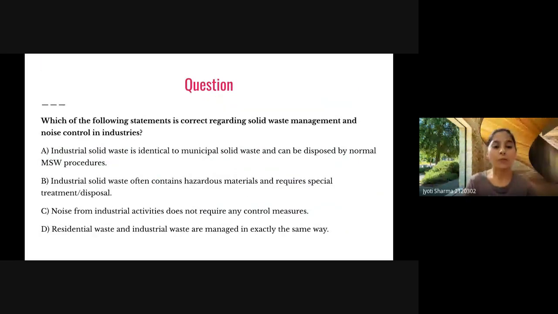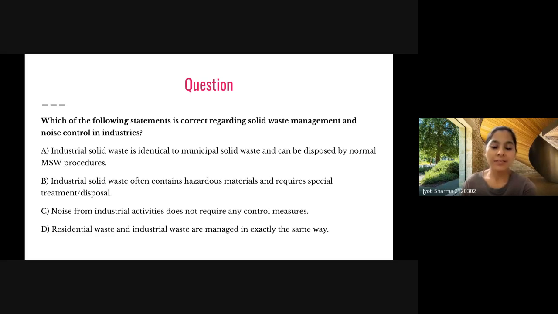Okay. Which of the following statements is correct regarding solid waste management and noise control in industries? So industries are not just giving you wastewater, but they can pollute the air, and they can also give you noise pollution, right? So you have to tell me the right answer. Here are the options.